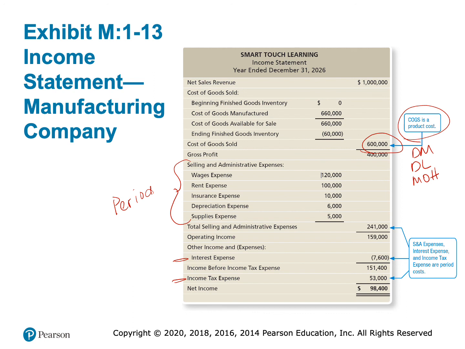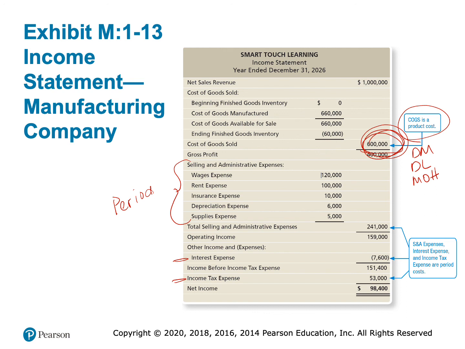Now here's something I want to point out to you though. As we look at our period expenses, we see that for Smart Touch Learning, depreciation was $6,000, but that's not entirely true. Depreciation expense wasn't just $6,000. That's just the depreciation on the corporate offices and the delivery truck and the sales equipment. That's not the depreciation on anything that happened in the factory. So the factory equipment depreciation, that's all up here as part of cost of goods sold because that's part of overhead.